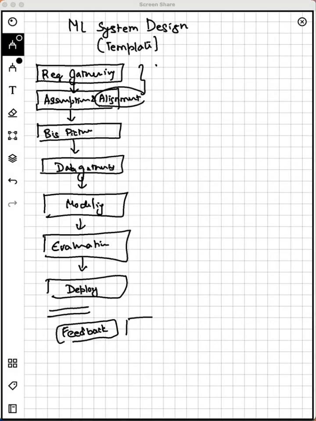We have to think about some of the bottlenecks that we have created or might happen in the future. Yeah, so this is the future evolution. If something happens, what does it mean? How do you evaluate those things and all of those? So if you take all these points into considerations, you have the template for your system design.